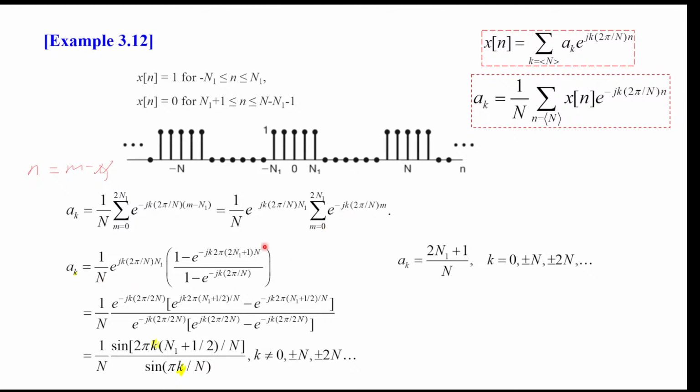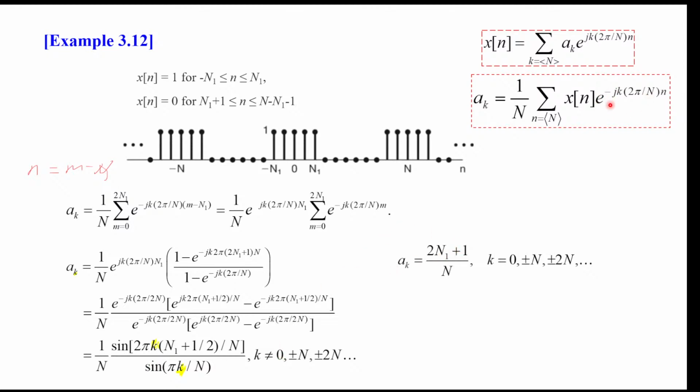When k equals 0, you are just summing over a whole bunch of constant values, and it's even easier to see.